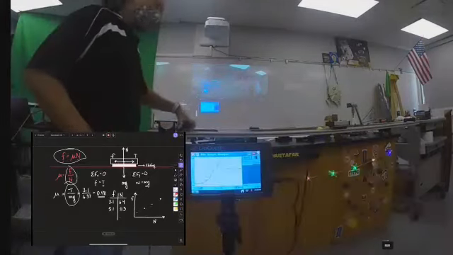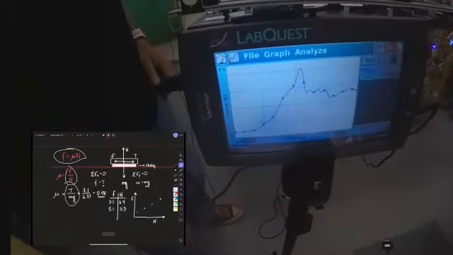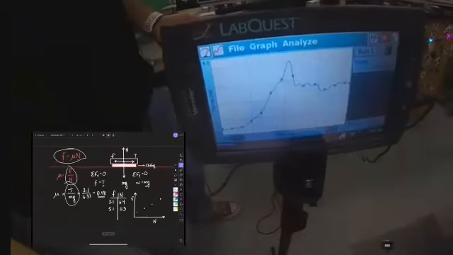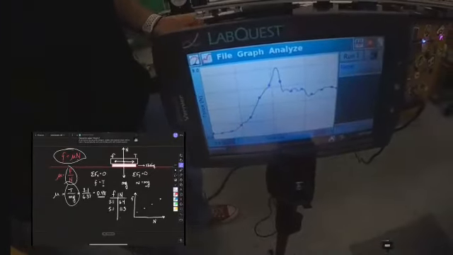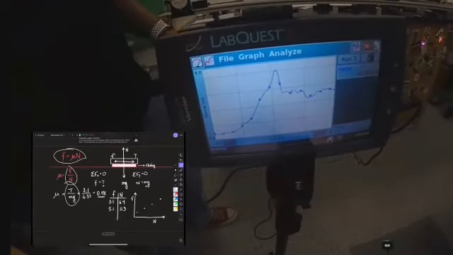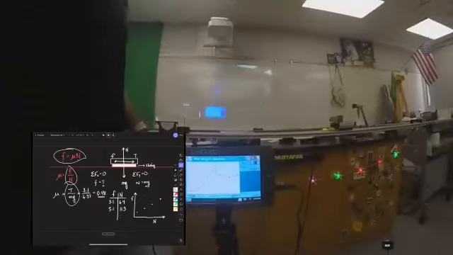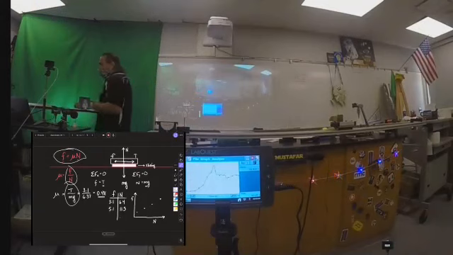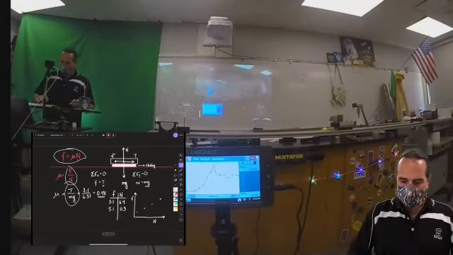Okay, so do you see what I see there? You see how there's an increasing force in the beginning, it peaks, and then it immediately drops back down once the cart started moving. Now, that is a way of getting the static frictional force.